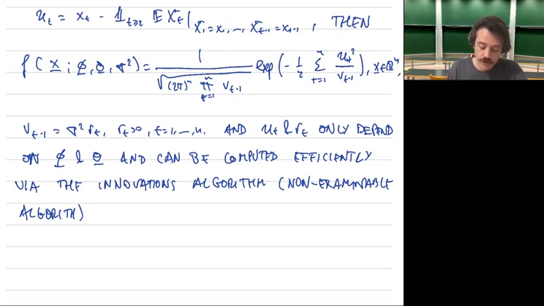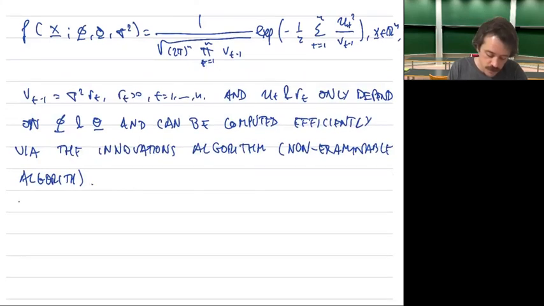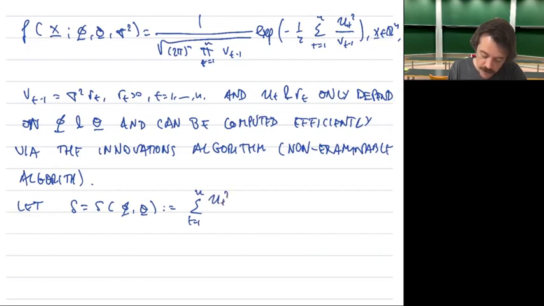So let's now derive the estimators. Given that we can compute this likelihood, we can try to derive the estimators, and so let S, which is a function of these two, be defined as the sum that we had above. So this guy, and this actually should be the capitals, V_{t-1}.